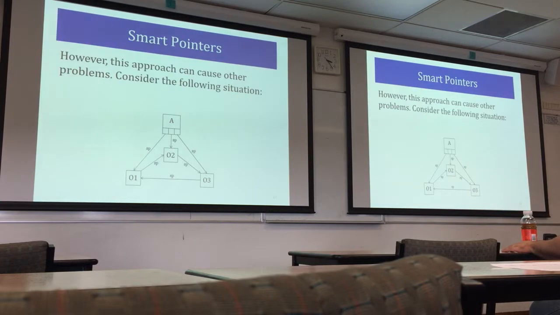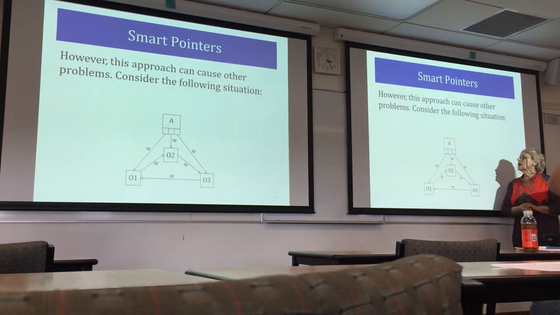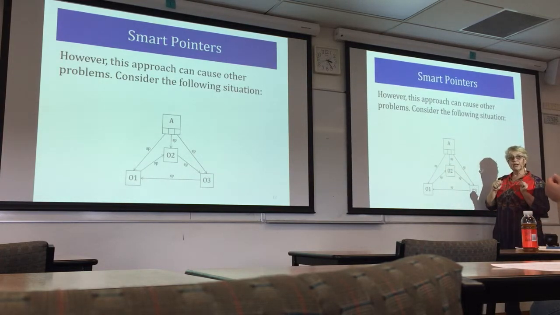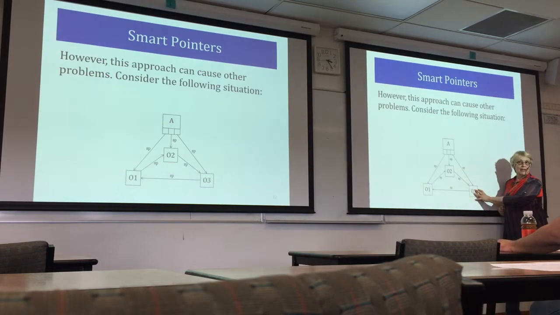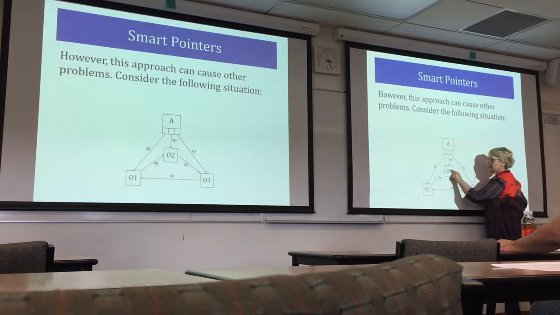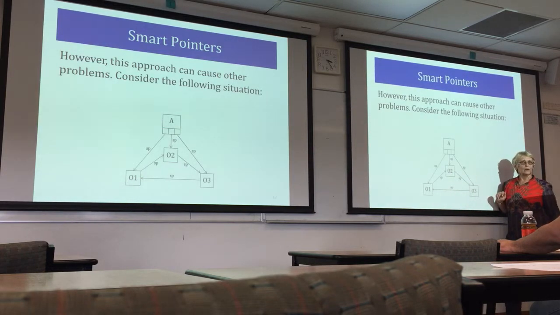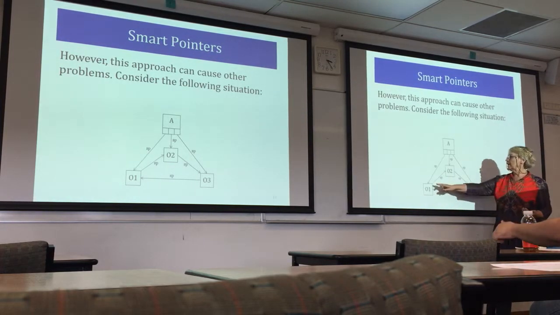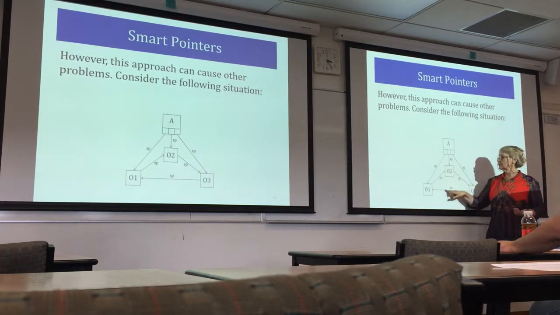Right. But things are never simple. Sometimes there is a cyclic referencing. In this example, we have a single container which has 3 share pointers pointing to this memory location. And there are pointers between these objects which are not accessed from outside the circle, right? So we have share pointers who point here, point here, point here.